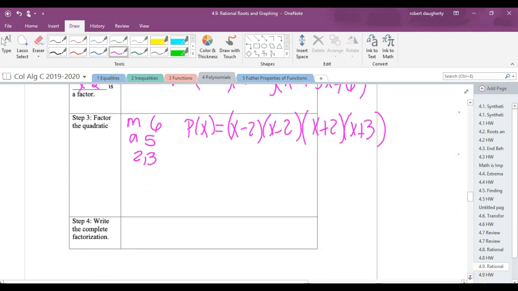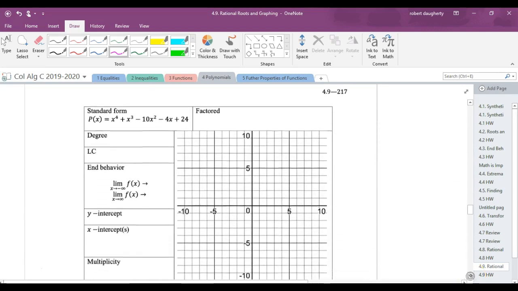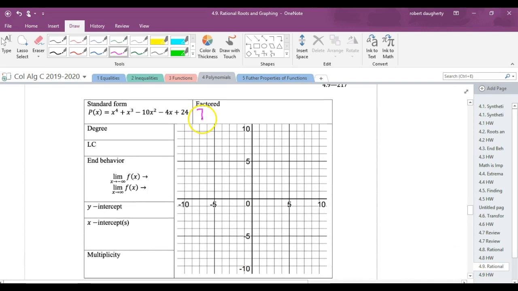Now that's correct, but an easier way to write this is, instead of x minus 2 times x minus 2, x minus 2 squared, x plus 2, x plus 3. So that's the complete factorization. Let's write it side by side with the original. So p of x equals x minus 2 squared times x plus 2 times x plus 3.